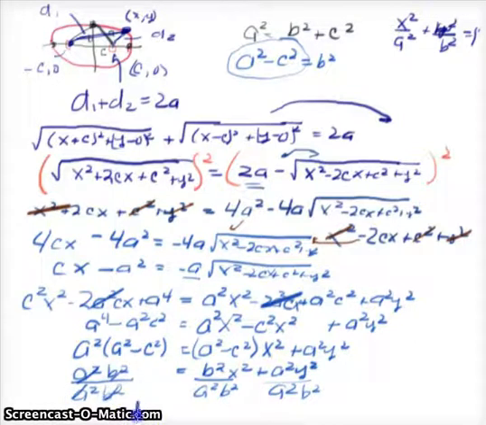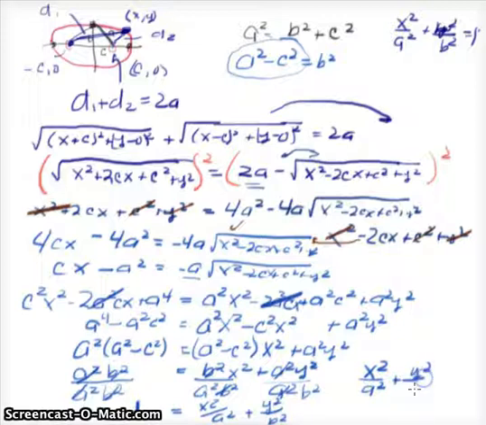I have 1. The b squareds go away, so I have x squared over a squared plus, and then the a squareds go away, and I have y squared over b squared. Let me rewrite that. I have x squared over a squared plus y squared over b squared is equal to 1, which is what I was looking for at the beginning.